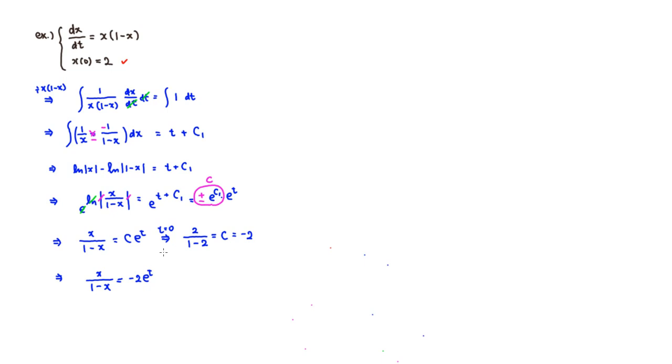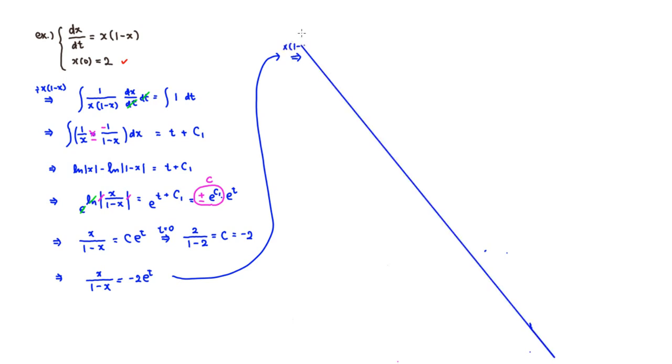Let's solve for x from here. I'm going to multiply both sides by the denominator, which is 1 − x.